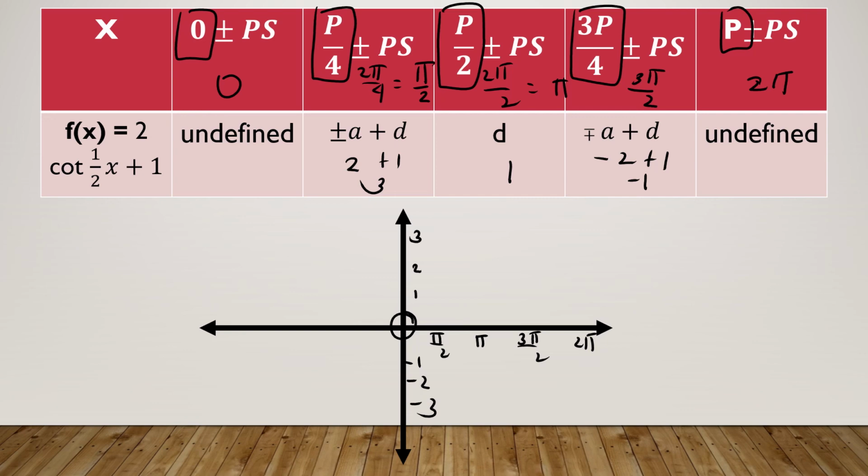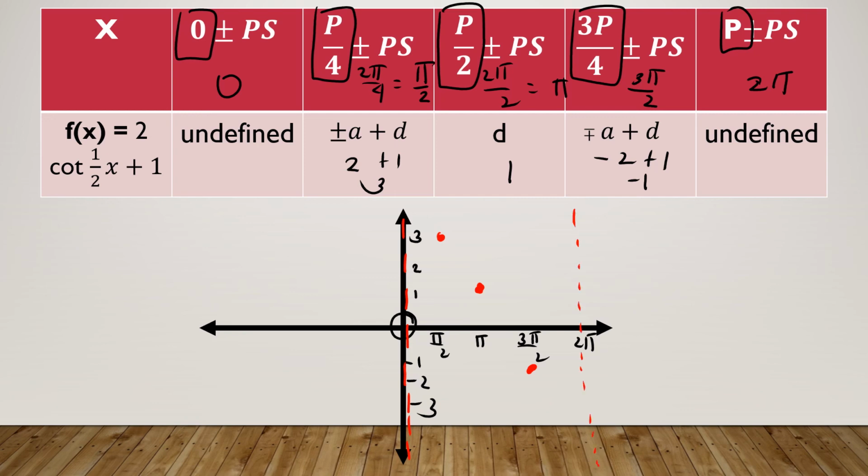After that, we're going to plot points or draw asymptotes. For 0, that's undefined. So let's now draw asymptotes for 0. Then, for pi over 2, that's 3. So we're going to have 3. For pi, that's equal to 1. And 3 pi over 2 is negative 1. 2 pi is undefined. So therefore, we're going to draw asymptotes.